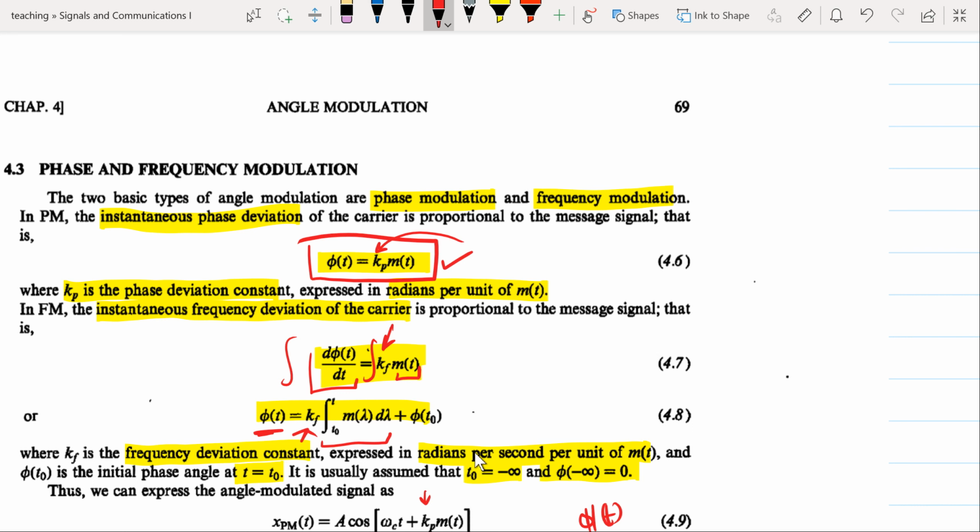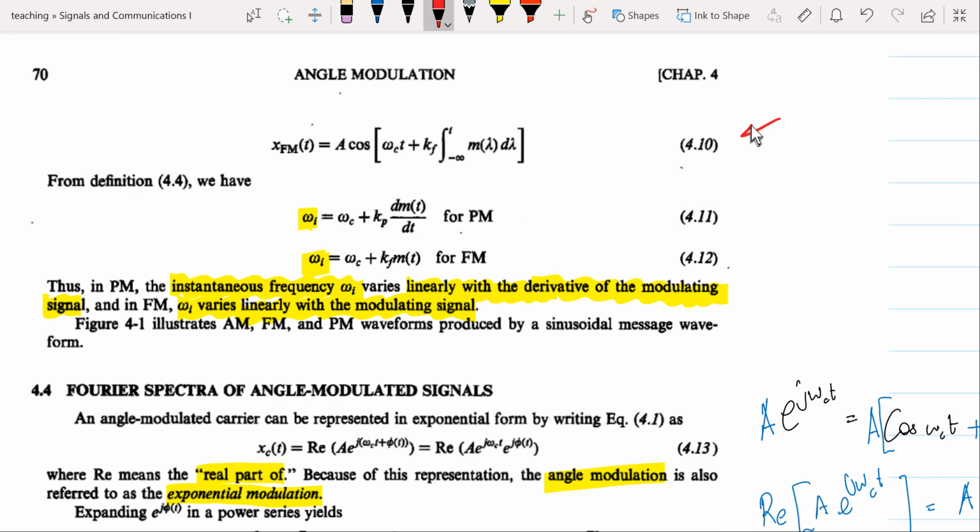And again, the definition for the angle modulated wave, that is in frequency modulation, is going to be defined by the phase of t represented by the constant of proportionality kf, which is the frequency deviation constant, multiplied with the integral of the message with respect to time.